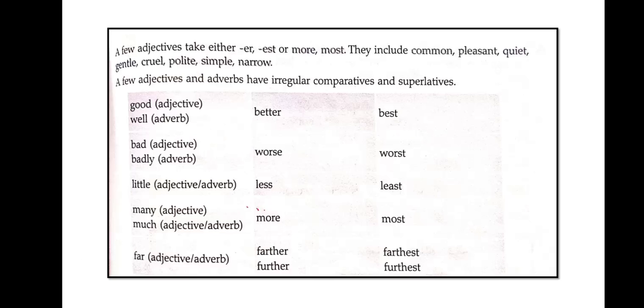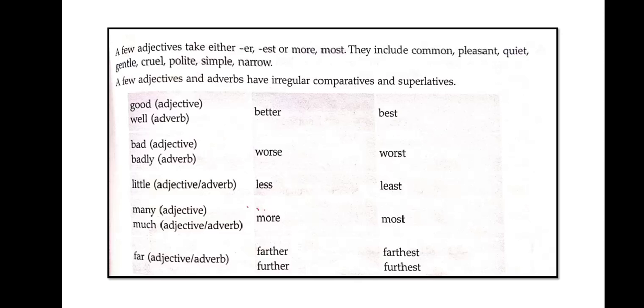Now see on page number 77. A few adjectives take either ER, EST or more, most. They include common, pleasant, quiet, gentle, cruel, polite, simple, narrow.